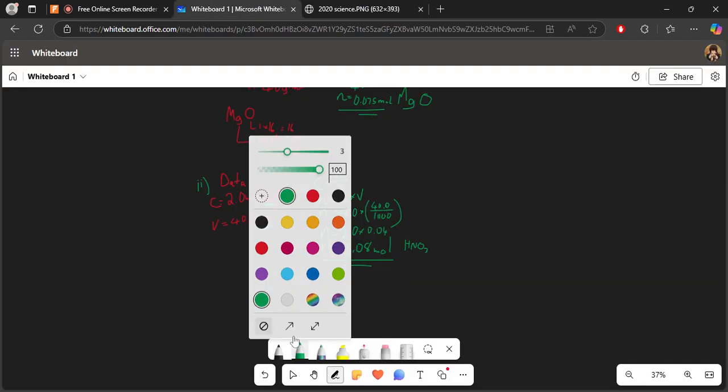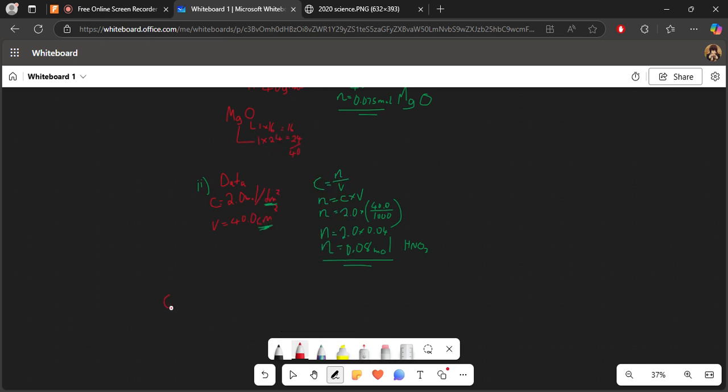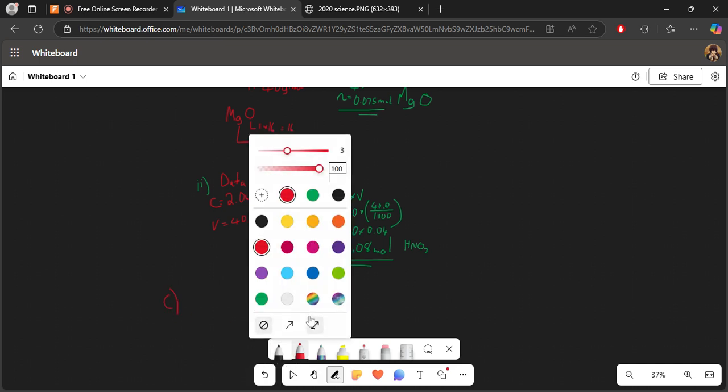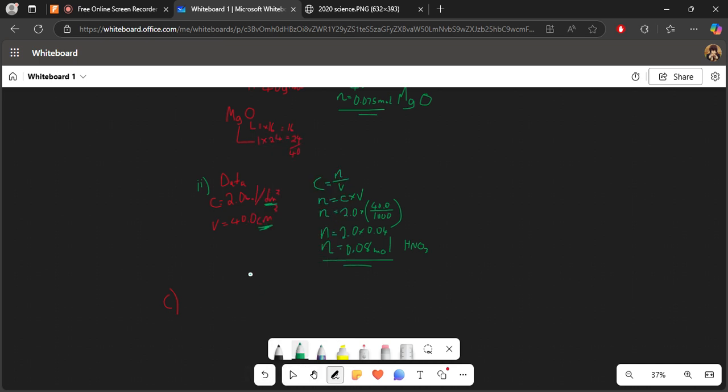C. Let's do it both ways, magnesium oxide and nitric acid.